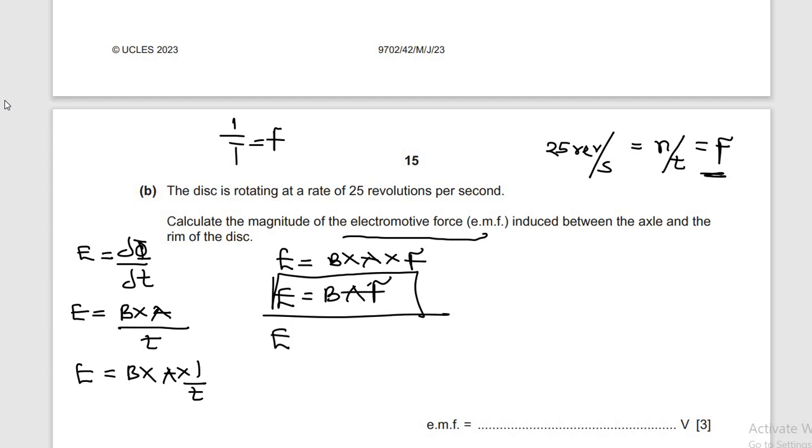So for the induced EMF, what's my B? It's the magnetic flux density.